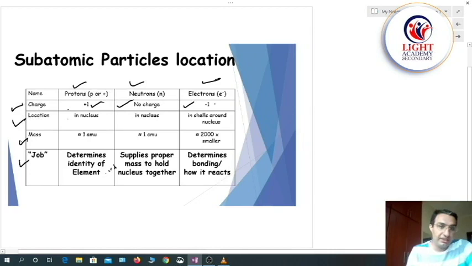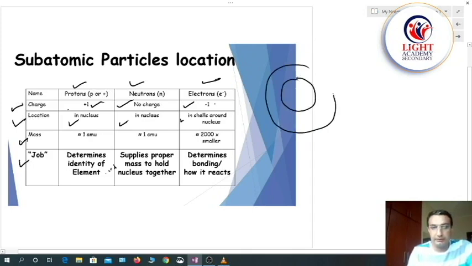For their locations, protons are located in the center of the atom, which we call the nucleus. Same for neutrons, located in the nucleus. And of course, electrons are present in the shells around the nucleus like this. These are the electrons, and the protons and neutrons are in the nucleus, okay.